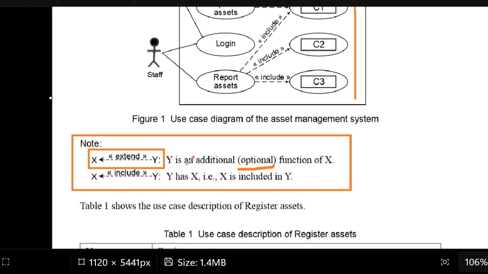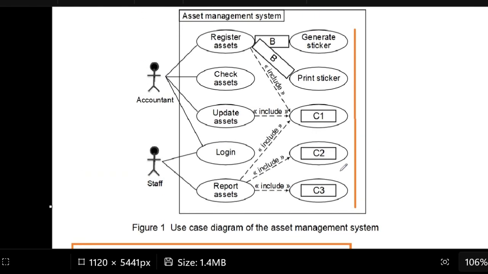The problem I got was my arrow was pointing to the other side. As we've explained, based on the meaning of what the arrow is supposed to signify, if it's going to X, then it means that the other function, Y, is optional. It's an optional function of X. Okay, so that answers letter B.